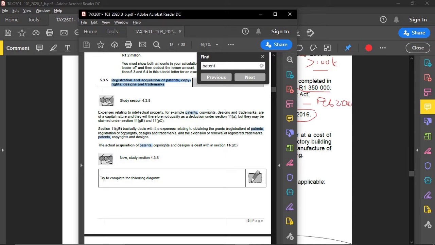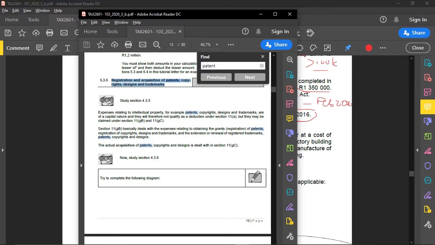So if I'm looking specifically at a special deduction here, which is a patent, I then need to apply the legislation correctly. The legislation is going to outline how much of this you can actually deduct, and that's important because if you're looking at a patent, sometimes you can't deduct the full amount, you can only deduct a portion, and that's something to consider when looking at items that are of a capital nature.